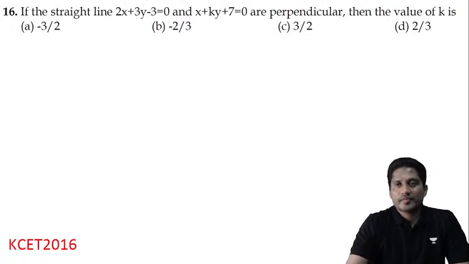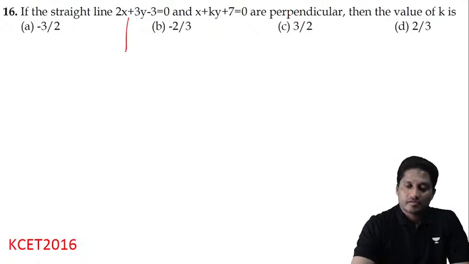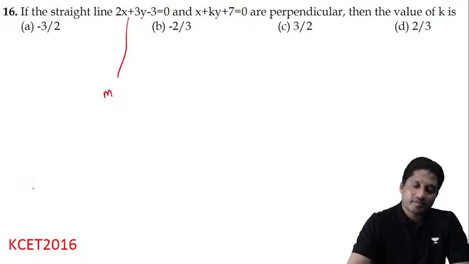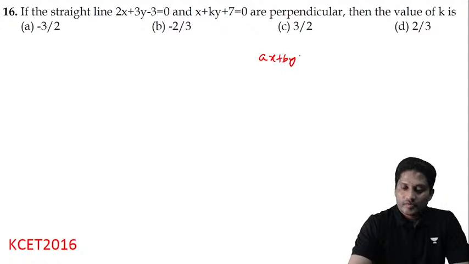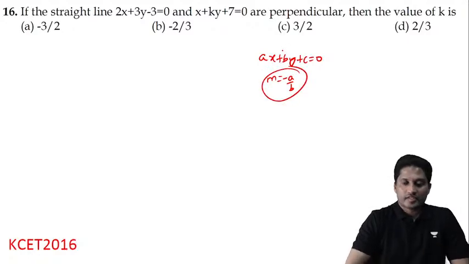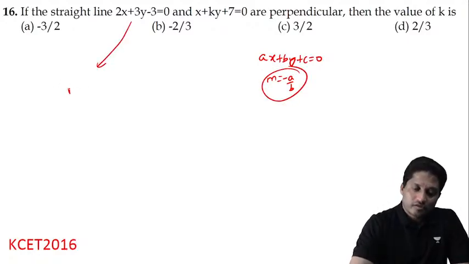If the straight lines are perpendicular, what should be the value of k? Slope of ax plus by plus c is equal to 0 is minus a by b. If I find the slope of the first line, slope is equal to minus 2 by 3.